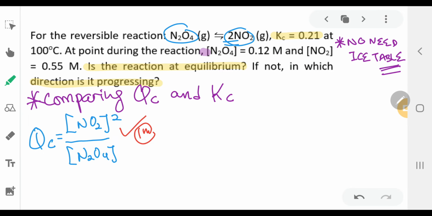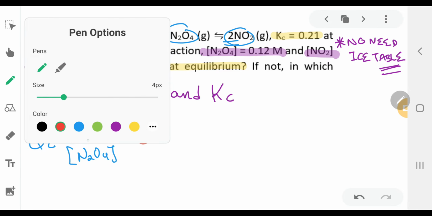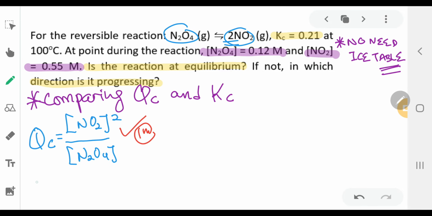The question gives you the concentration of N2O4 and the concentration of NO2, so we're just going to plug those into your expression. For QC, you have 0.55 to the power of 2.